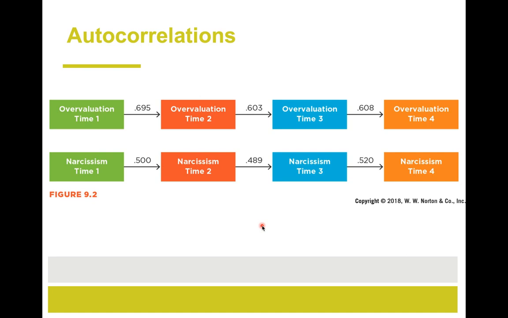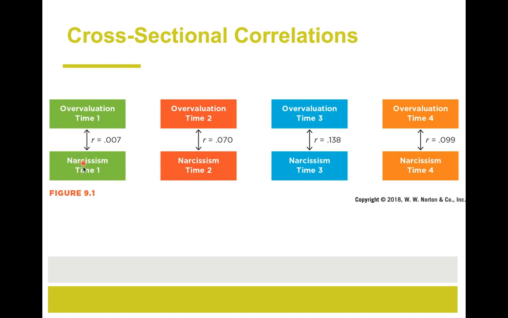But the question is, how can we use this longitudinal design to ask a question like, does overvaluation cause narcissism? And think back, one of the things we have to do to establish causation is we have to establish temporal precedence, meaning that variable A occurs before variable B if it is going to cause a change in variable B. Our cross-sectional correlations don't do that, right?